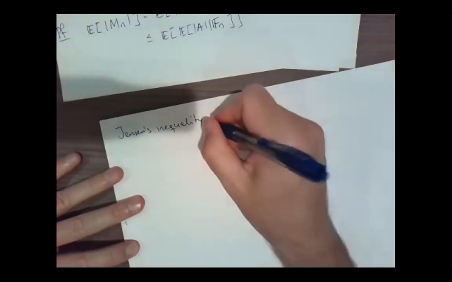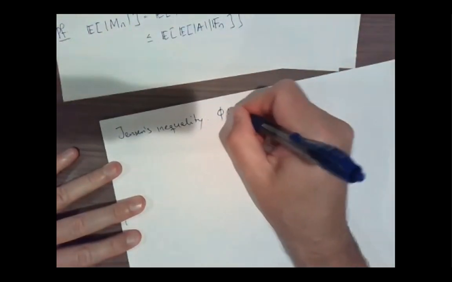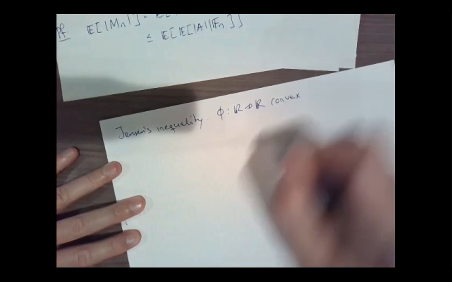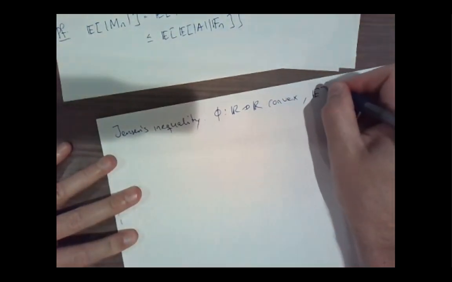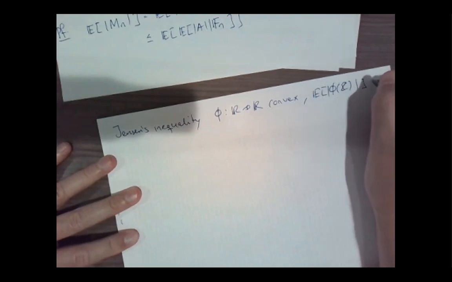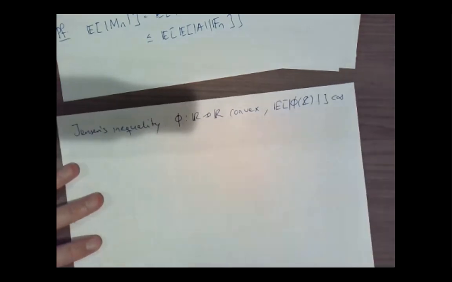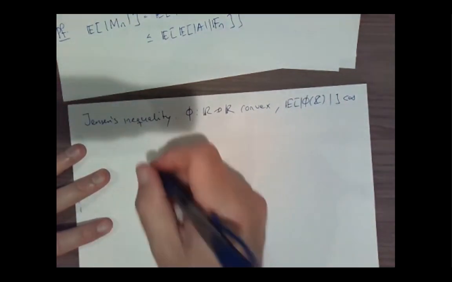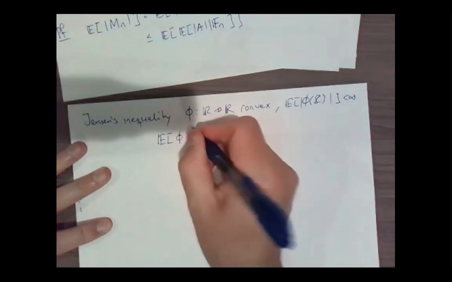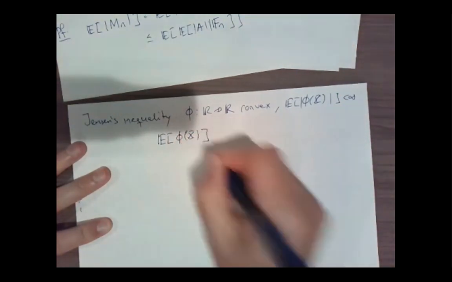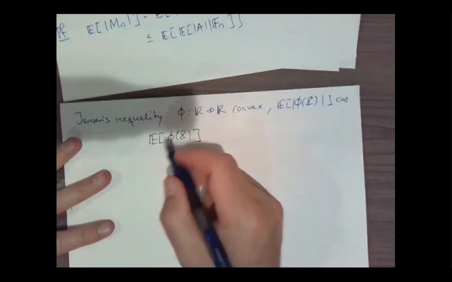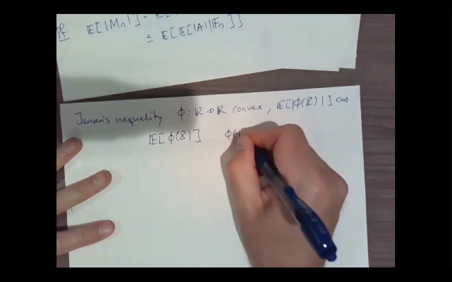You take phi convex. I need phi of x to be integrable. Then the Jensen inequality is that if I want to compute the conditional expectation of x, I can pull this function outside and take an expectation inside.